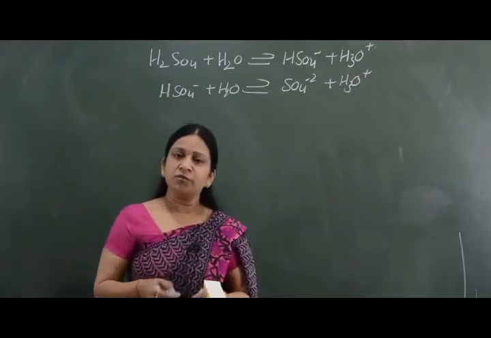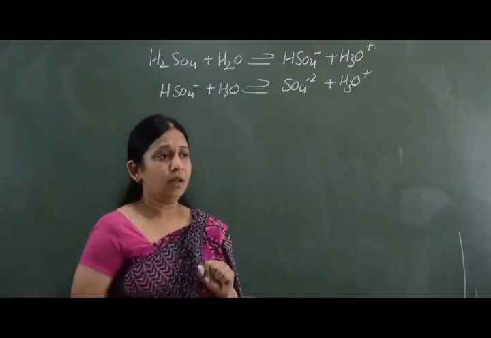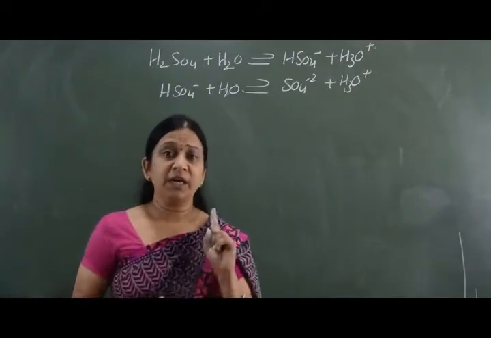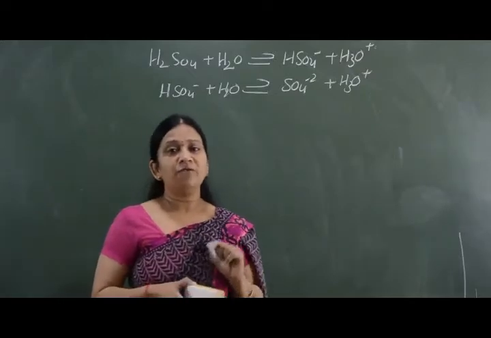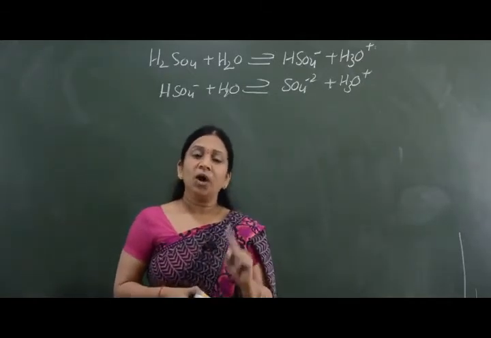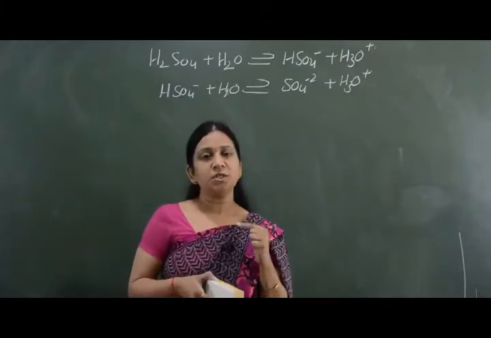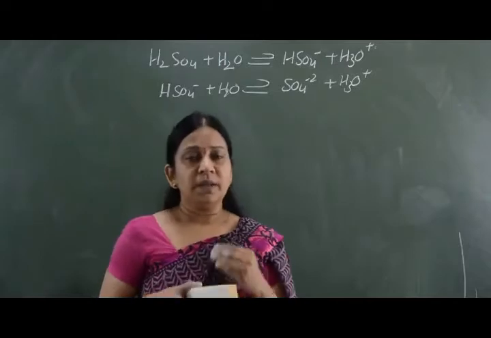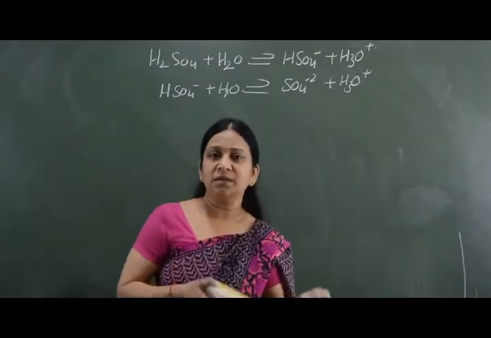Now the difference from the other examples which I have taken is that this is the first example where we are having cations and anions. So whenever in a system we have cations and anions, then one equation we have to write ourselves, which is the equation of electroneutrality, which shows that the number of cations in the system is equal to the number of anions in the system.